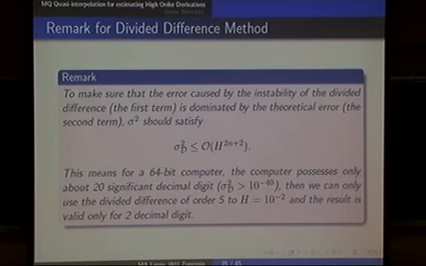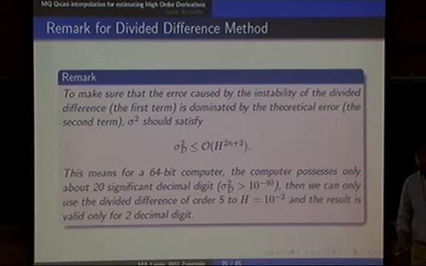Then we can only use the divided difference of order 5 with h equal to 10 to the power minus 2, and the result is valid only for 2 decimal digits. And if you take small values of h, then the result cannot be believed or is not valid.